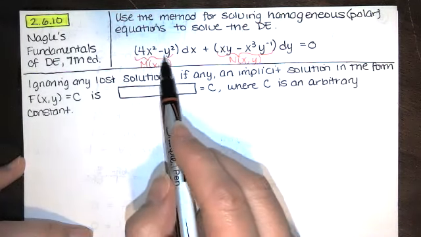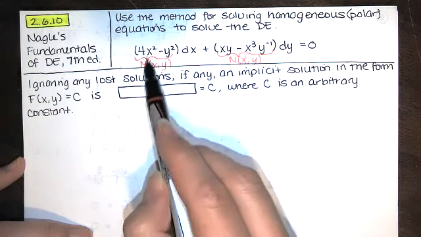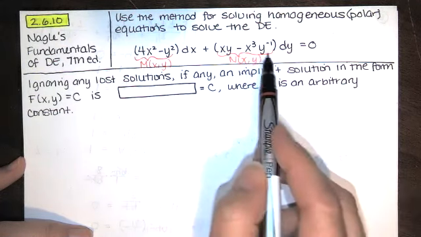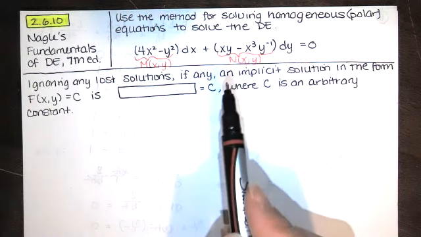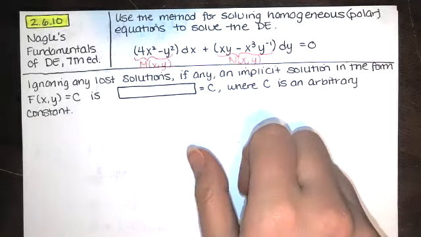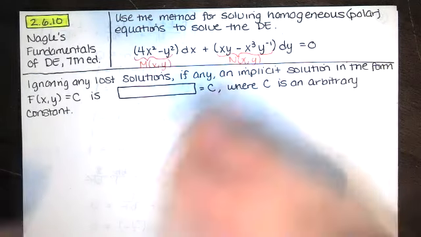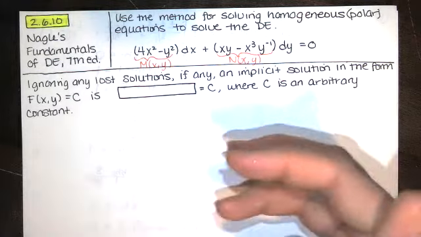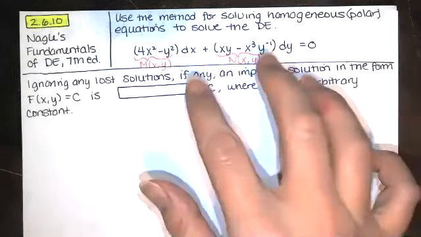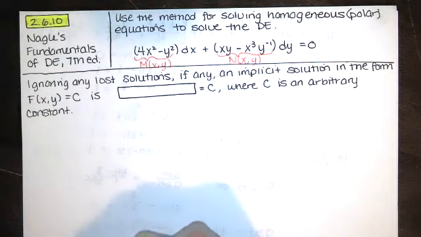If I replace x with tx and y with ty, I can factor out a t squared from everything here. And similarly over here, I can factor out a t squared from everything. I'm not going to show you that, but you should confirm that these are two homogeneous functions of the same degree.